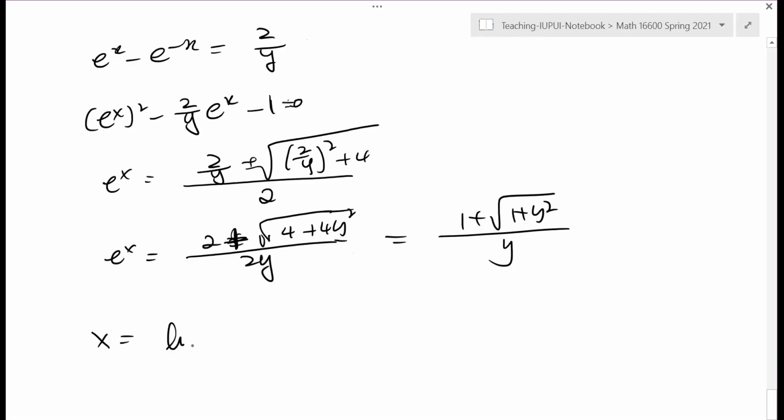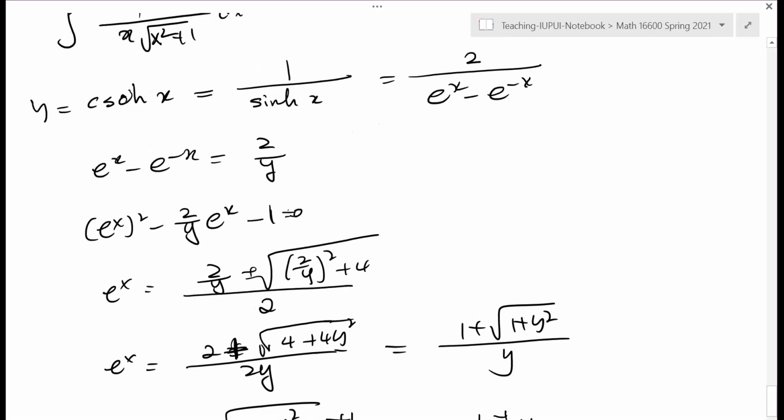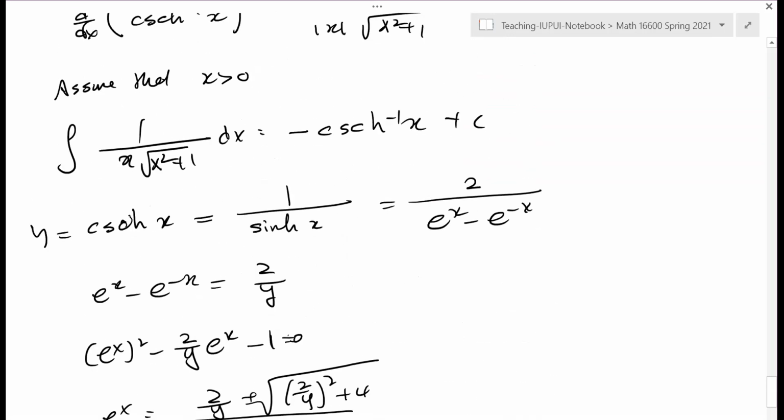So x is going to be natural log, and that is my inverse hyperbolic cosecant x. So we go back to our final expression, here's x.